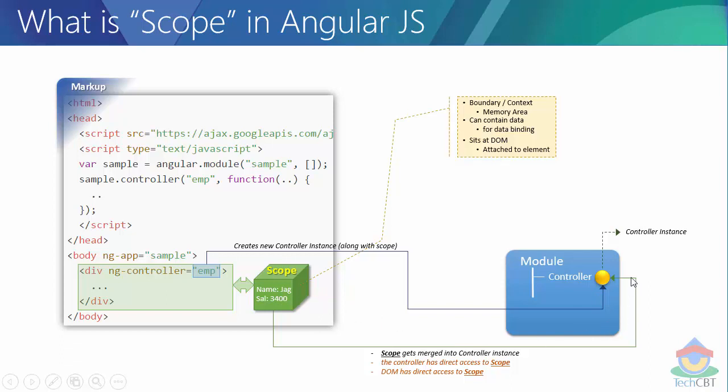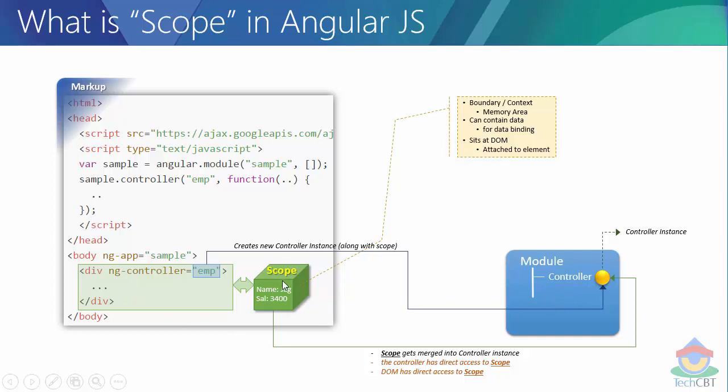And now you can see the controller has direct access to scope, and our template, that is our view, also has direct access to scope. So now you can say scope is like a glue between the template and the controller, or say between the view and the controller.